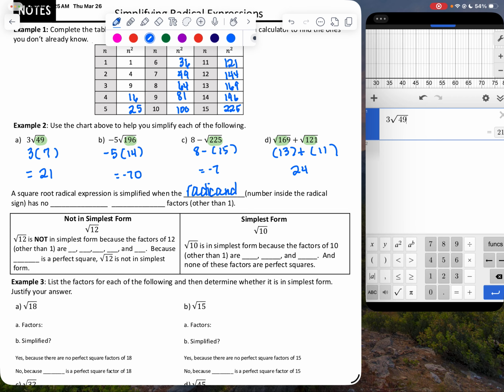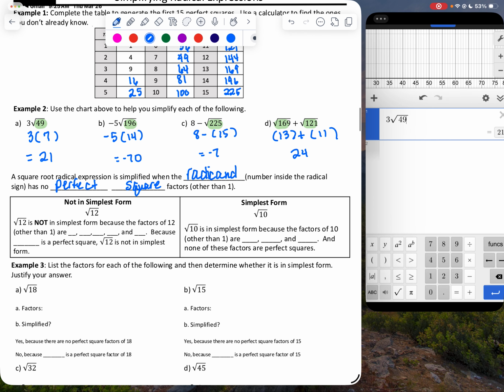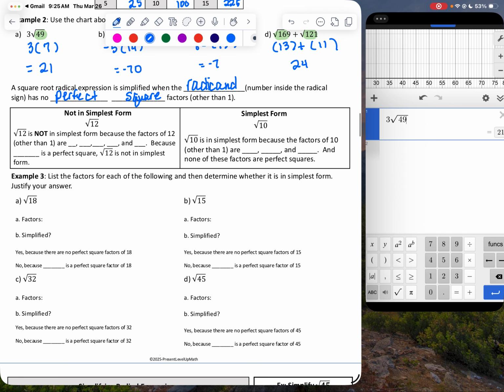A square root radical expression is considered to be simplified when the radicand has no perfect square factors other than 1. All right. So if I give you something like square root of 12, square root of 12 is not in simplest form, and it must be simplified.